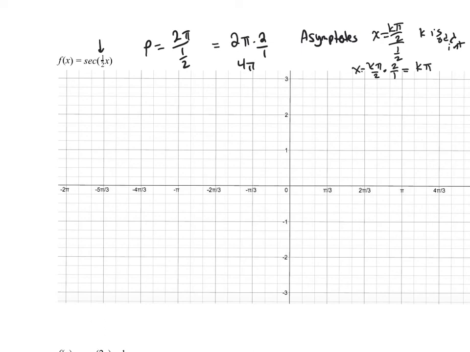Important to remember that k is still going to be an odd integer. So our asymptotes are going to be at pi and negative pi. And that's all the ones we see on here, because the other ones would be at 3 pi, 5 pi, 7 pi. Basically all we did is get rid of the 2 on the bottom.